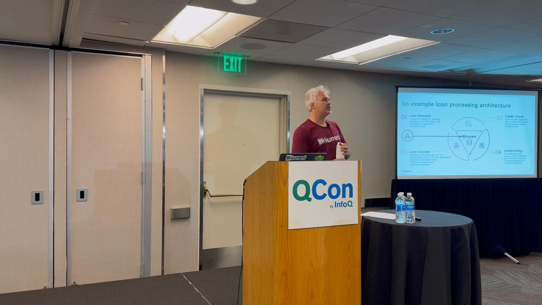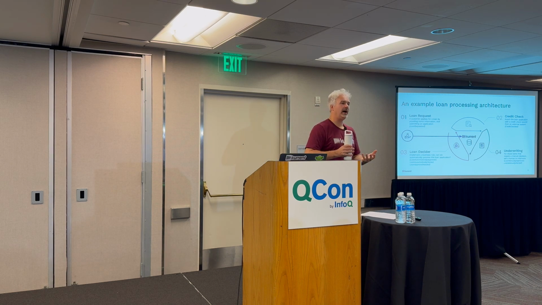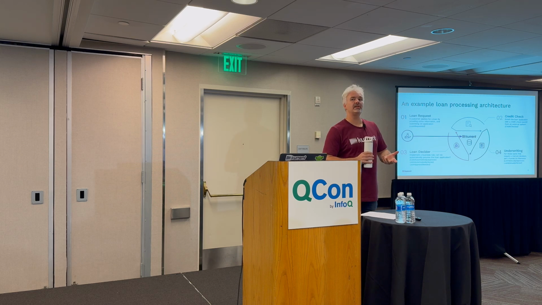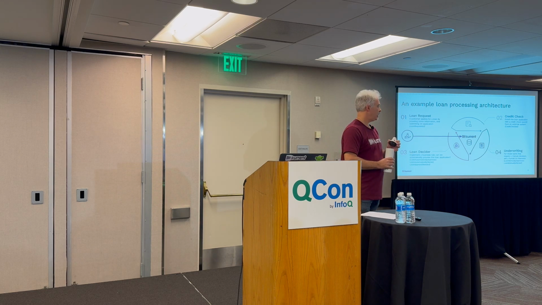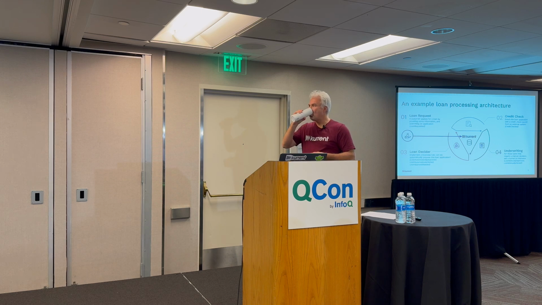Now, a read model is just a really fancy word that means I'm going to build the state of my loan request and present it to a person in a non-event based format for them to use. Okay, so that's what's going to happen there.